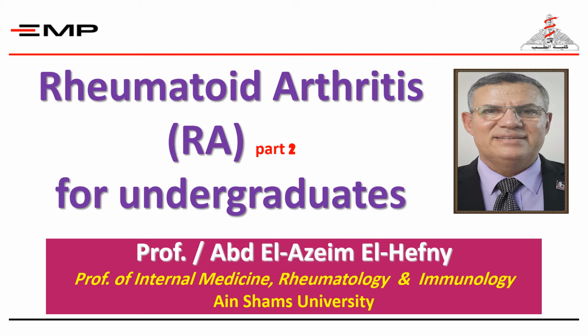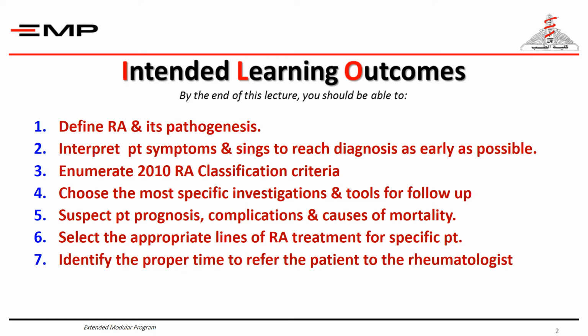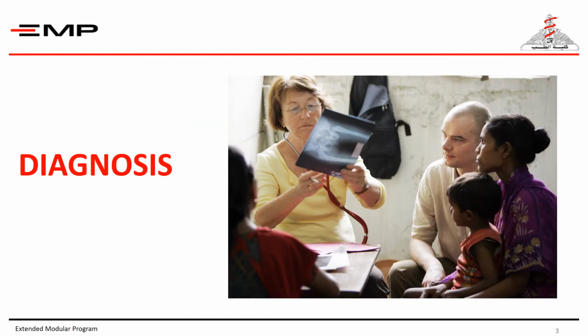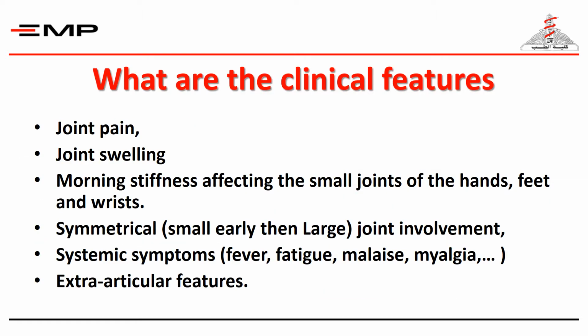In this part, we will focus on the clinical picture, the symptoms and signs, and how to diagnose a case of rheumatoid arthritis, and how we can use the 2010 classification criteria for rheumatoid arthritis classification. These are the ILOs, if you want to revise the diagnosis.